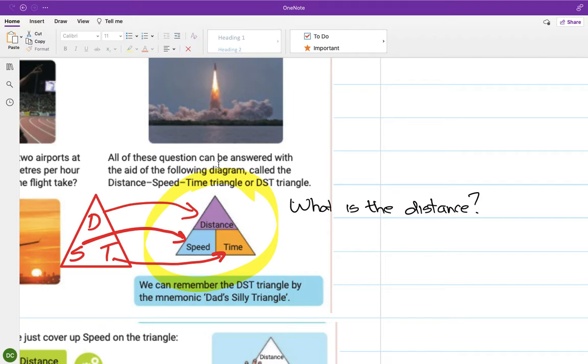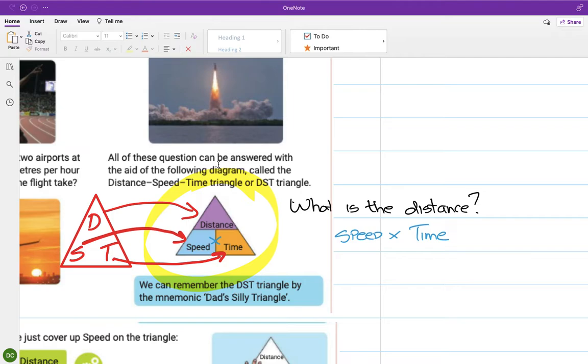Then what we do is you use your hand, I'm going to use a marker, but you use your hand and you cover distance. And you can see what's left, speed and time. So then the formula is speed multiplied by time. So there's a multiply here between speed and time.